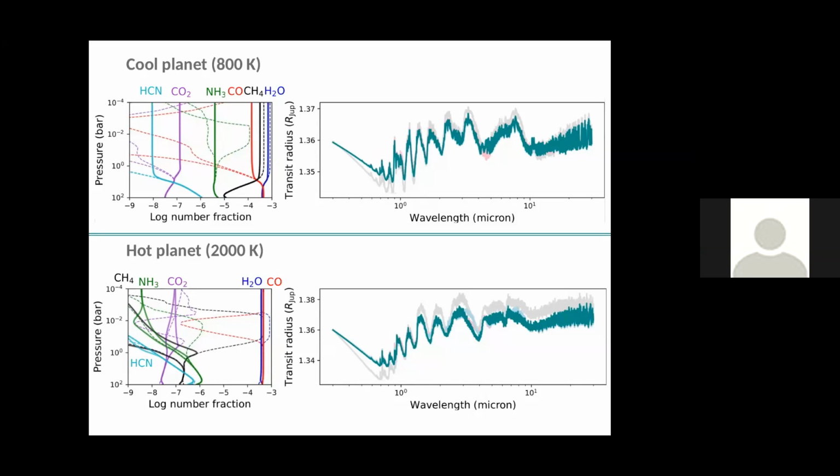I was just wondering, in all your plots of wavelength versus transit radius, you cut it at 12 microns. Is there nothing to be learned from the region of 12 micron to 28.8, I believe is the MIRI range? Yeah, indeed. The reason why I did that is because it's less clear.